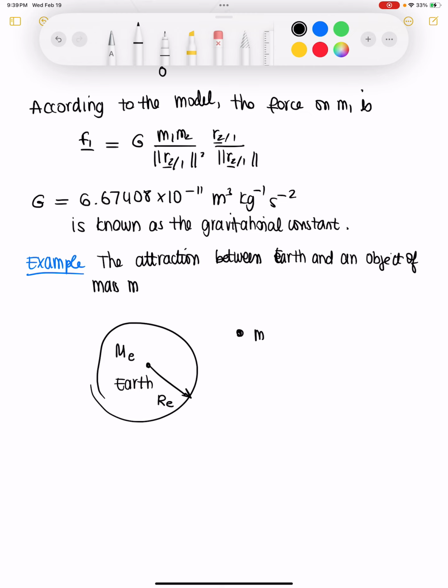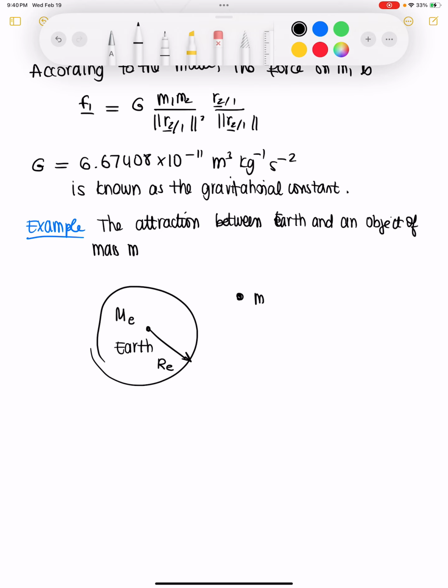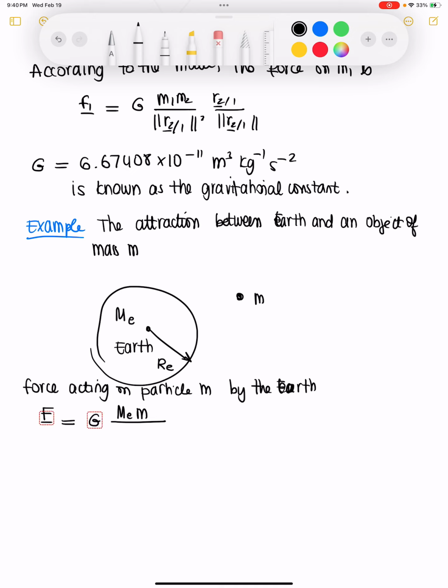So if I want to look at the force F acting on particle m, that would be equal to G, mass of the Earth, m, so that's by the Earth, times the distance between the two squared, which is the radius of the Earth plus the height between m and the Earth, squared, times this vector.